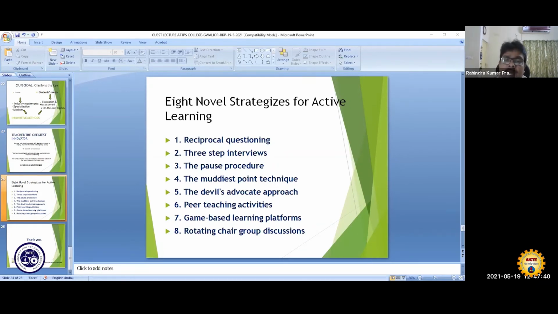For example, there are two kinds of question stems: comprehension question stems and connector question stems. Comprehension stems are like: describe X in your own words. What does Y mean? Why is Z important? How could X be used to Y? This kind of question is what you call comprehension question stems.